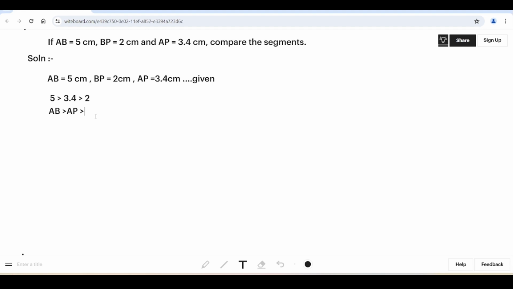This is the comparison between the segments. So, this way we can compare the segments. When comparing segments, we simply compare the length: which is shorter, which is larger. Okay.